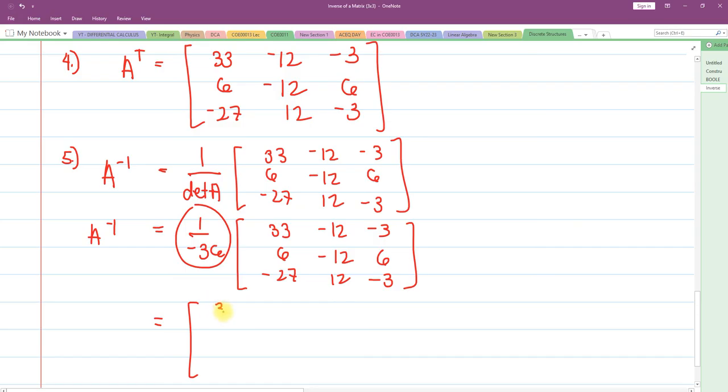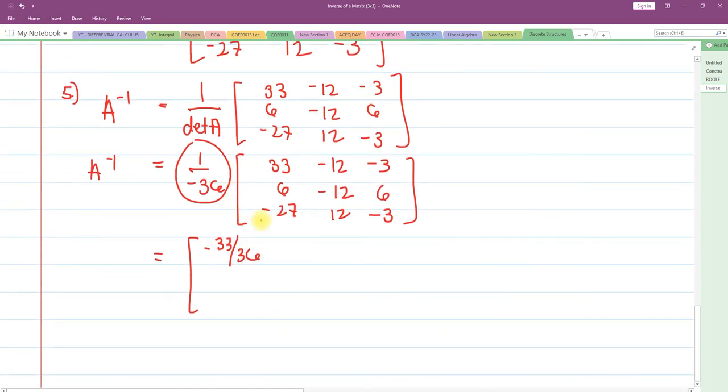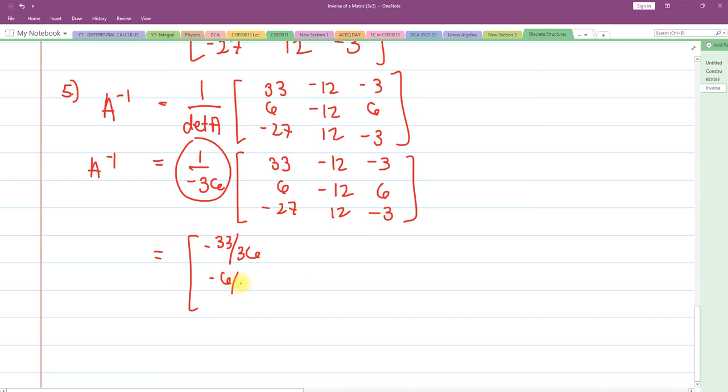So, now it becomes negative 33 over 36 because of the negative. So, negative 6 all over 36. Negative 27 all over 36. Then you have negative 12 all over 36. Sorry, it becomes positive because of the negative 12 and the negative 36. Negative times negative would be positive.